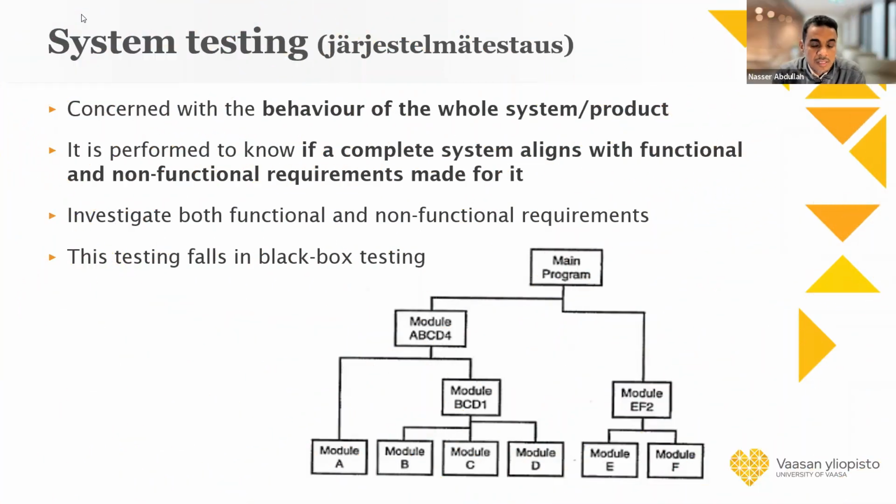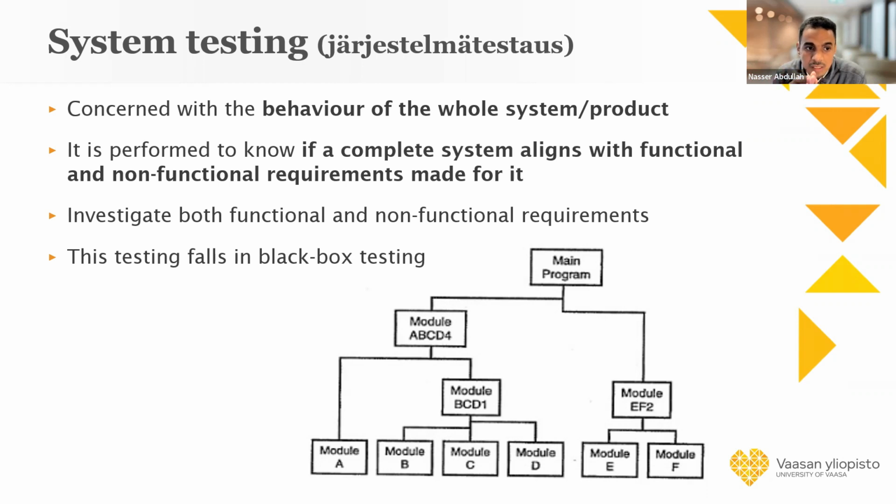System testing is actually testing the system at all, the complete system. Is it working at all? Is it working as expected? Is it working in alignment with the functional and non-functional requirements?